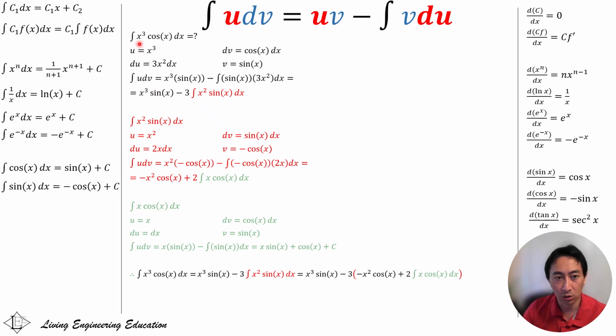So the original integral x cubed cosine x dx is equal to x cubed sine x minus 3 integral x squared sine x dx. That's what I have here. And then if I plug in minus x squared plus 2 integral x cosine x dx into this portion here, so it'll be minus 3 times that quantity.